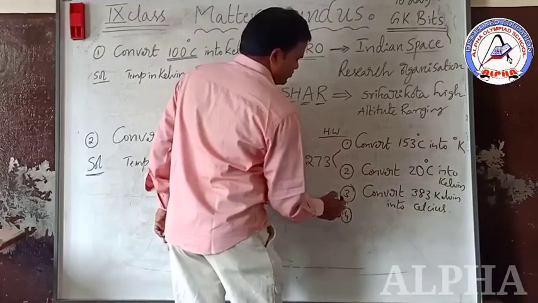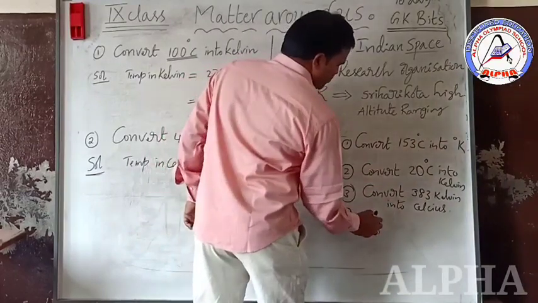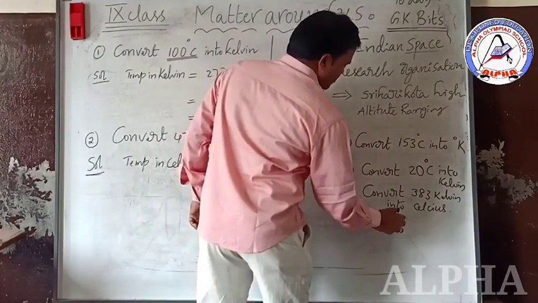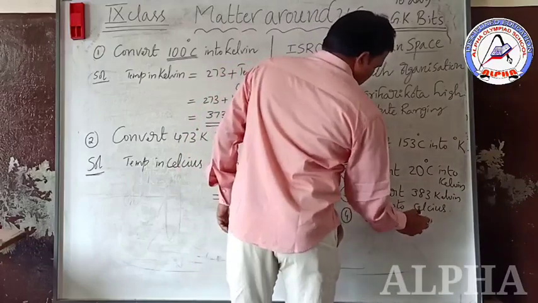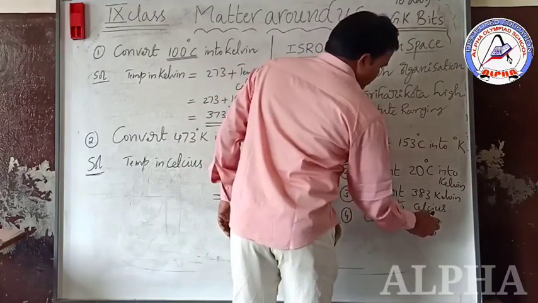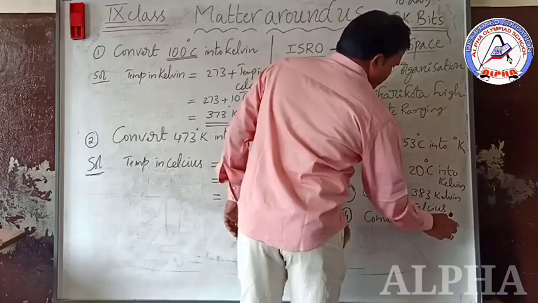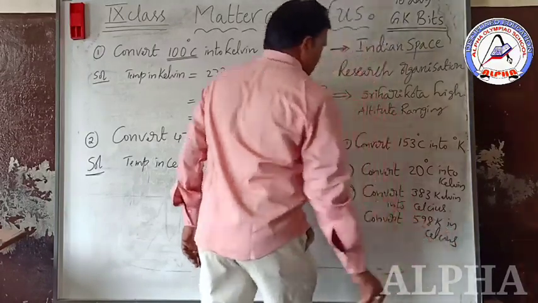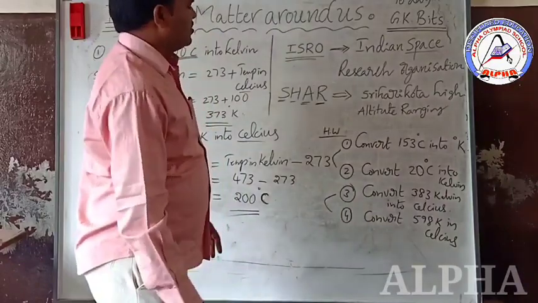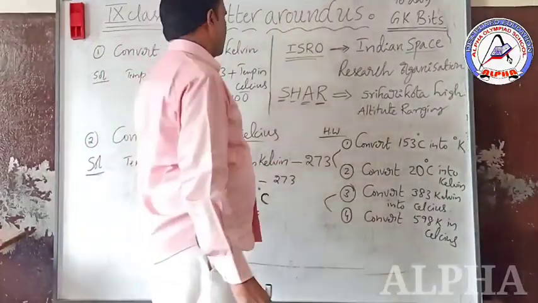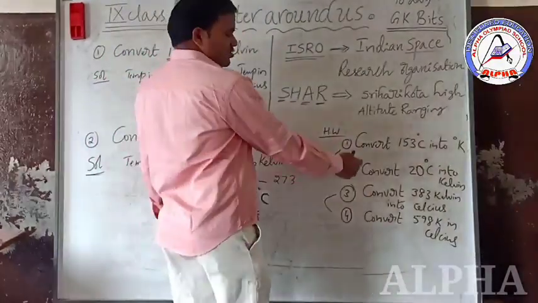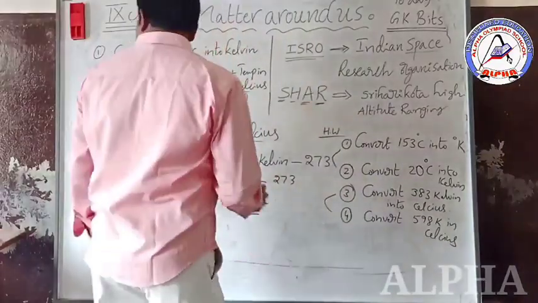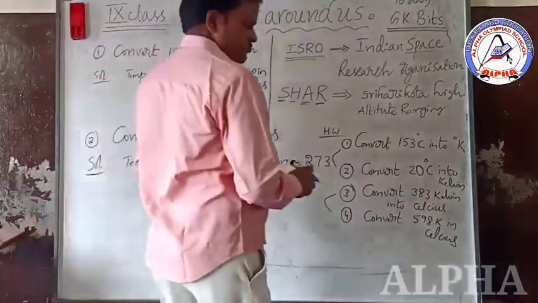Fourth one, convert 598 Kelvin into Celsius. These are the homework problems for you. Right. Next.